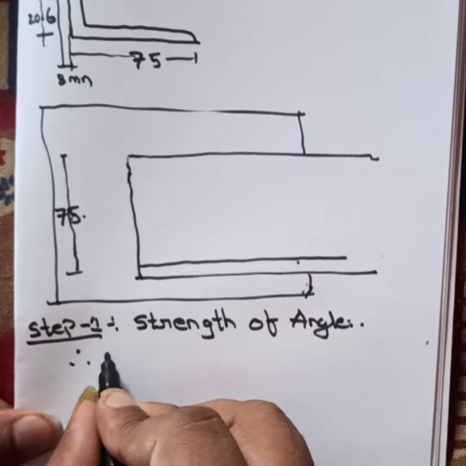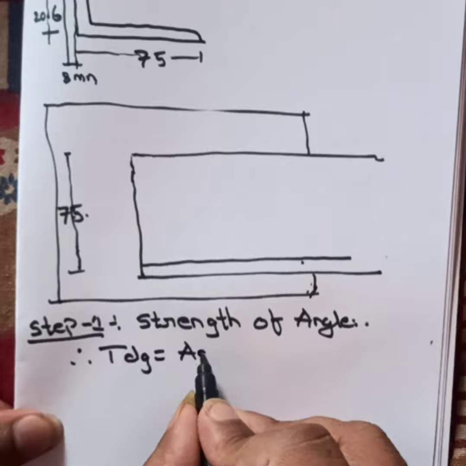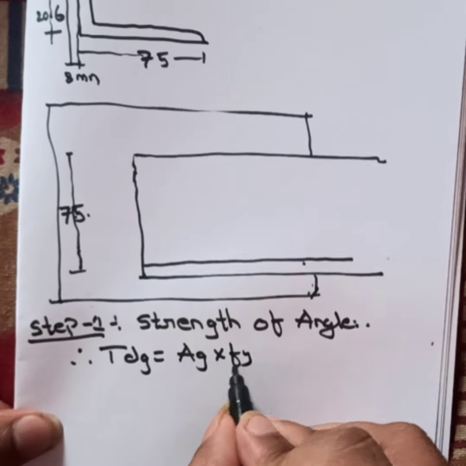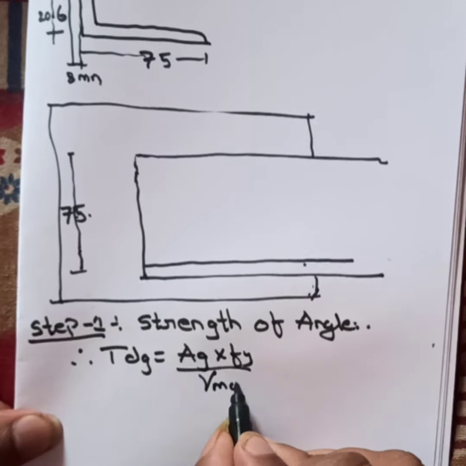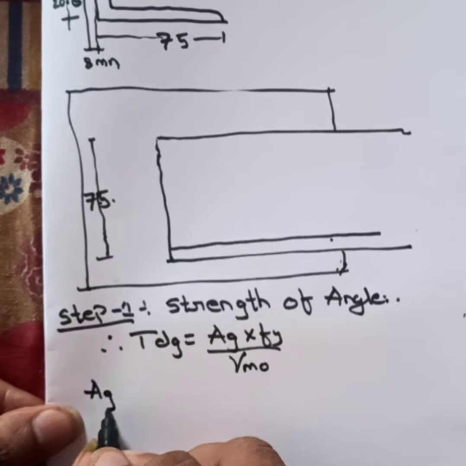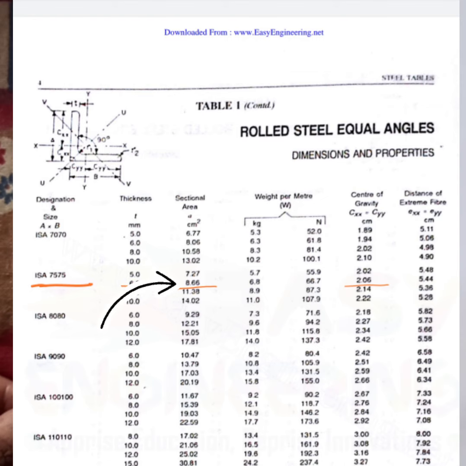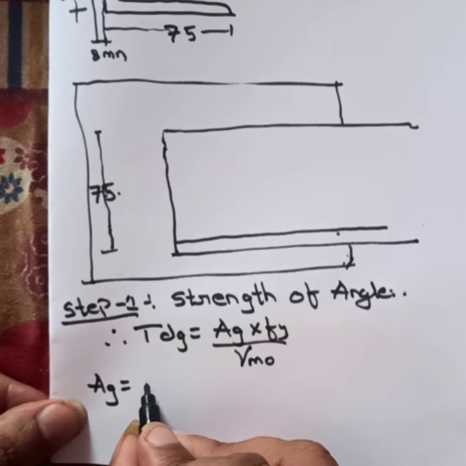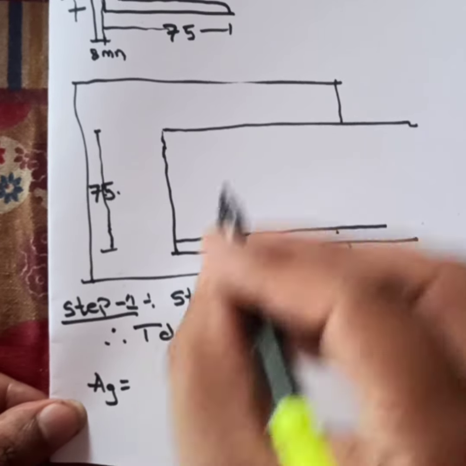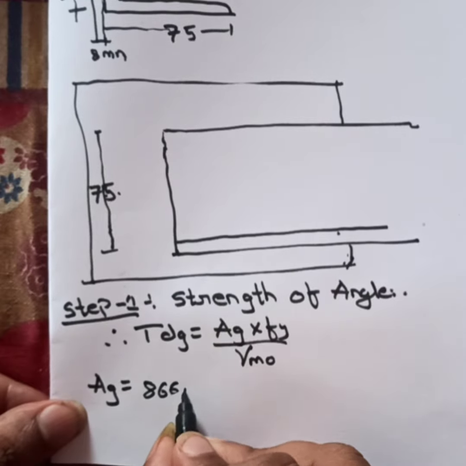So therefore Tdg equals Ag into Fy by gamma m0, where Ag is the area of the angle, which we can get from the steel table. You can have a look over here. So Ag, that is gross area for ISA 75/75/6, is 866 mm square.